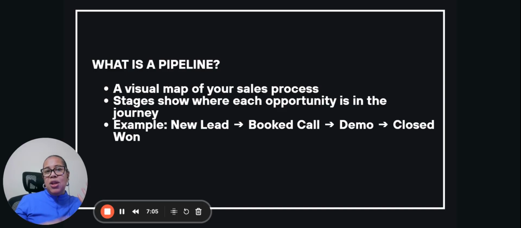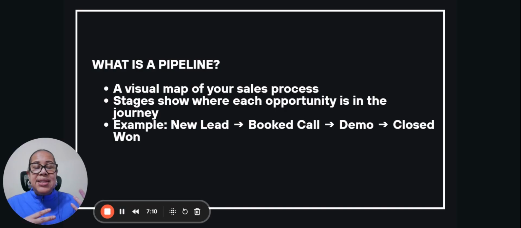And once you get them on the call, then you may be able to do some type of high pressured sales, right? Or some type of sales. It doesn't have to be high pressure, but a lot of times if you have to get somebody on the call, then it's usually for a high ticket item, and then you want to put on your best sales presentation for that person. So it's a visual map of your sales process.